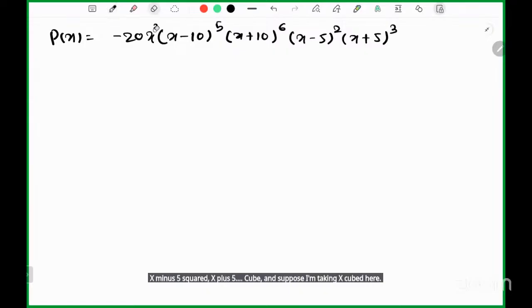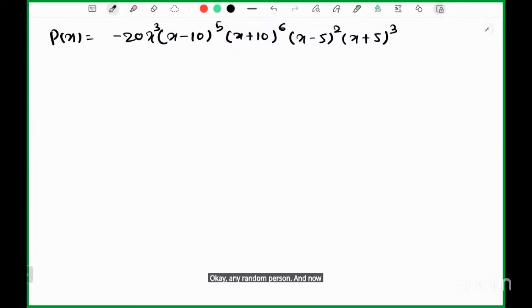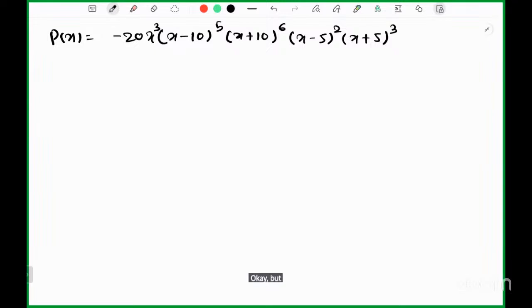This is some random polynomial, and I don't know what its graph looks like. We want to roughly estimate how the graph of this polynomial will look. Just a rough diagram.